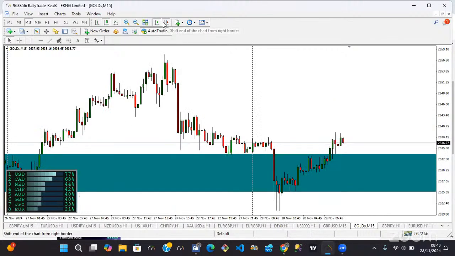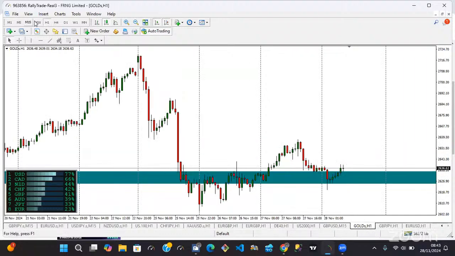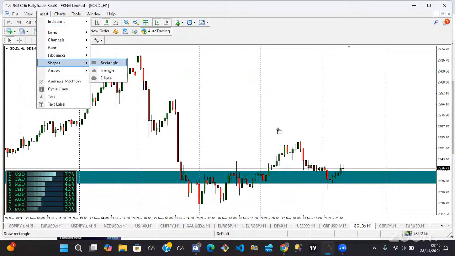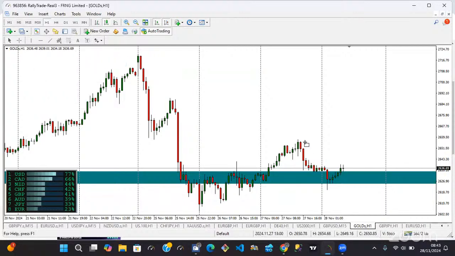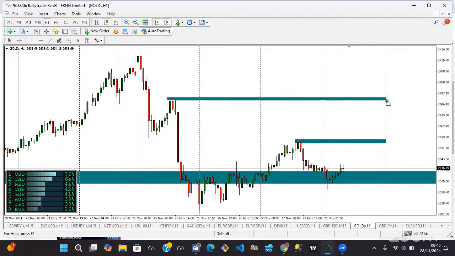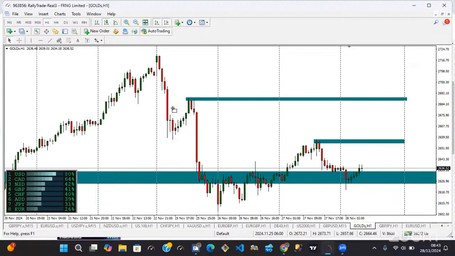At least it should get to this level, and if we have a good bullish day, then I expect gold to also get to this particular level right here. Although this is how it's going to look.